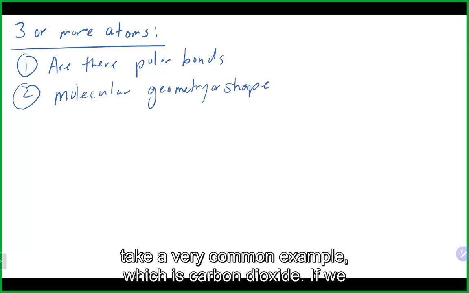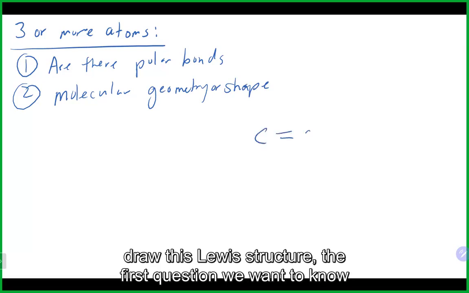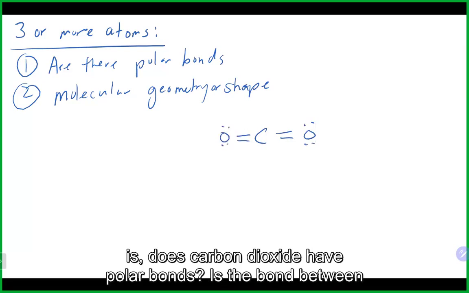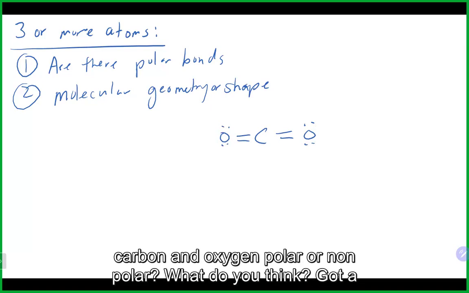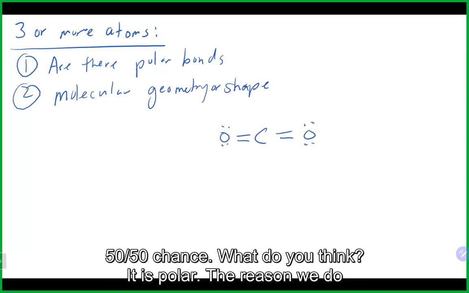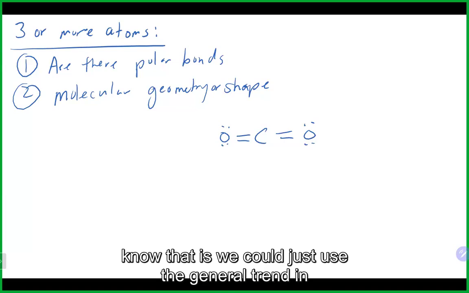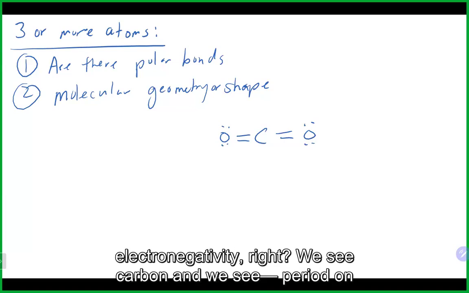So let's take a very common example, which is carbon dioxide. If we draw this Lewis structure, the first question we want to know is, does carbon dioxide have polar bonds? Is the bond between carbon and oxygen polar or non-polar? What do you think? Got a 50-50 chance. It is polar. The reason we know that is we can just use the general trend in electronegativity, right?